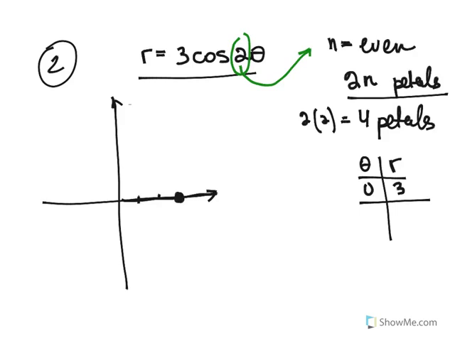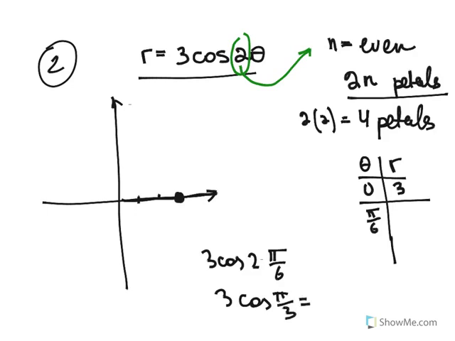Next, I don't want to put any numbers. So 3. Next, we're dealing with cosine and it's 2 times theta, so why don't we do pi over 6? So it's 3 cosine 2 times pi over 6, and that becomes 3 cosine pi over 3. Cosine of pi over 3 is 1/2, so you get 3 over 2.